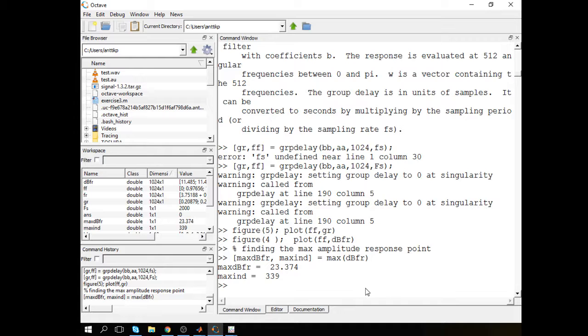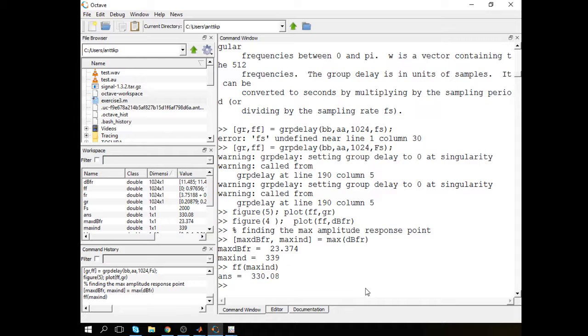So the maximum index is actually 339. That's where my maximum amplitude response is, and then we can actually do FF max int. So on this frequency, I have the highest point of the frequency response. Good.